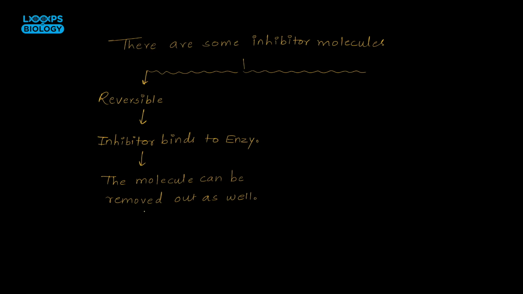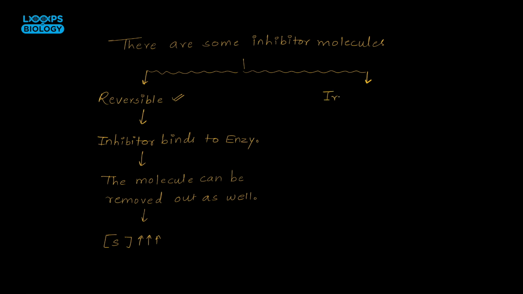It's like family pressure. Whenever I'm increasing the substrate concentration, like your family pressure, in that particular case the inhibitor will be removed easily and the enzyme will be active again. Such a case is of a reversible inhibitor.